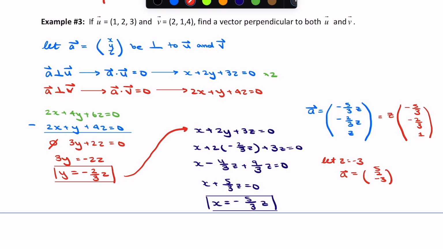But here we can see that there's an infinite number of values that we can pick for z, again, to get one of these vectors that's perpendicular to both u and v. So here, if I picked z is equal to 9, for example, then I'd get vector A is equal to negative 15, negative 6, and 9. So there's an infinite number of possibilities that we can use here to, again, solve for this question.